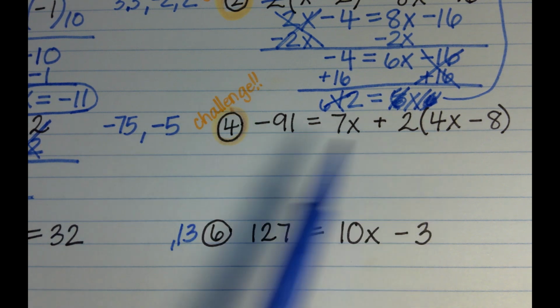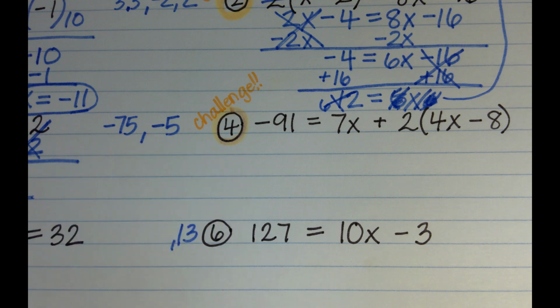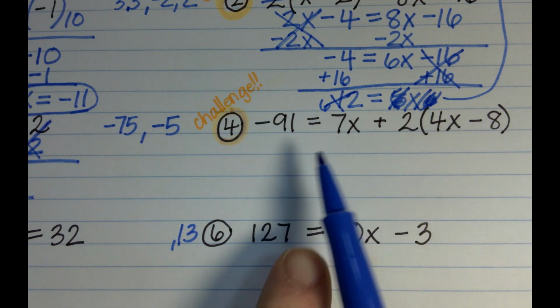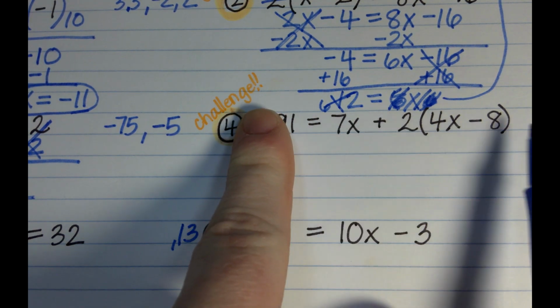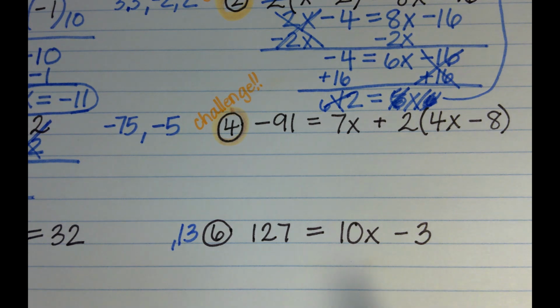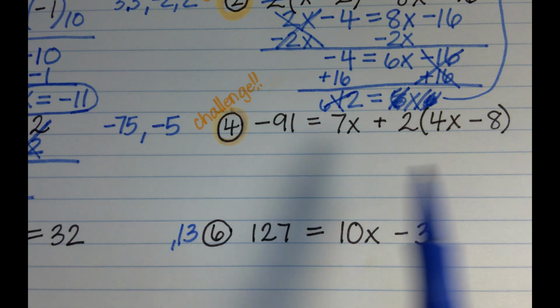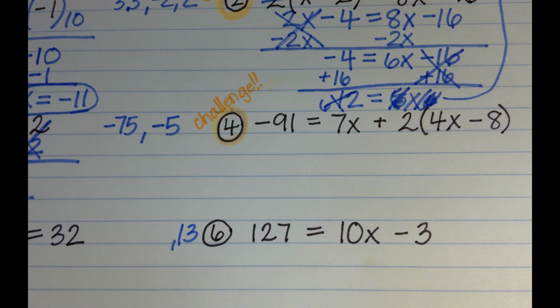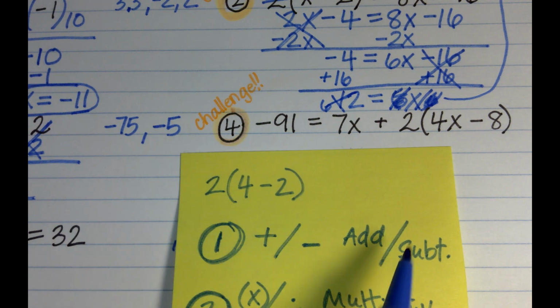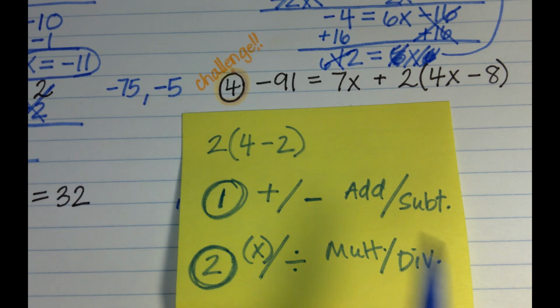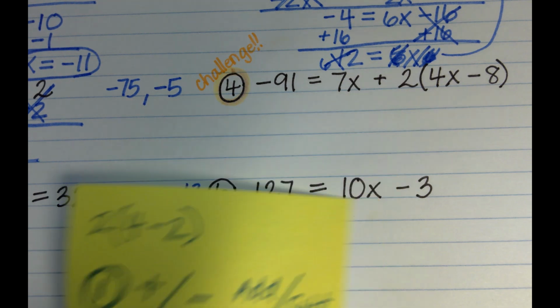When we're looking at number 4, what are we thinking? What's going on here on this side of the equation? You gotta do the multiplication first. Yeah. So normally whenever we're solving an equation, we're always doing the addition and subtraction first, and then the multiplication and division.